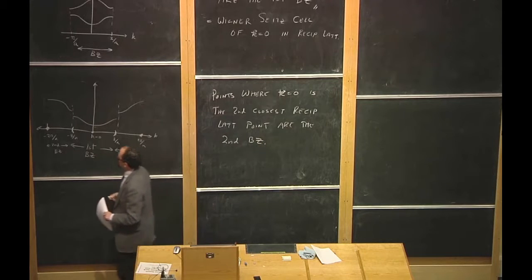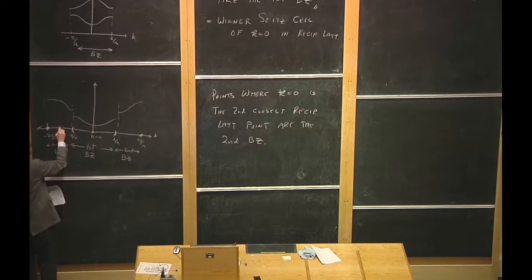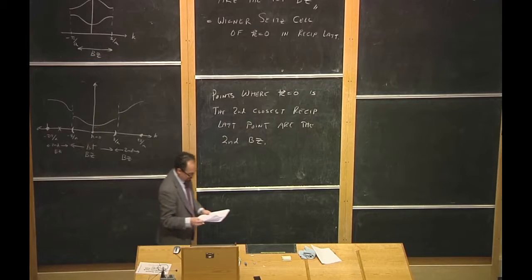So for example, if we pick a point here, call this point x, the first closest reciprocal lattice point to this point x is here. The second closest reciprocal lattice point to the point x is k equals 0. Therefore, this point x is in the second Brillouin zone. Good? Okay, that's the definition.